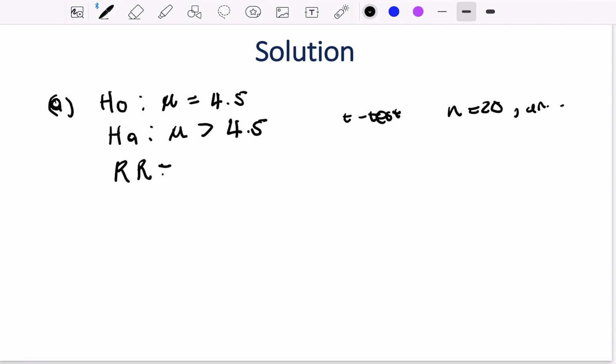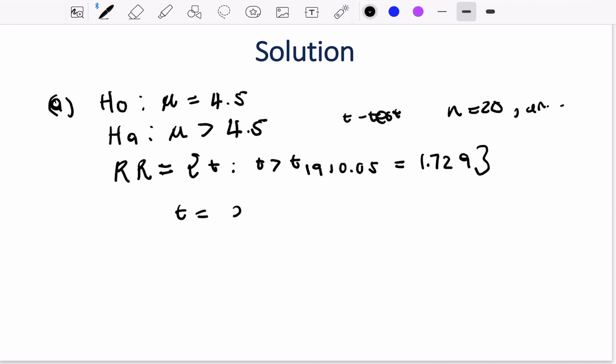That means your rejection region will be when this test statistic t is greater than t of n minus 1, which is 19, with alpha of 0.05. If you read that from your table, that should be 1.729. And remember t is x bar minus mu naught over s divided by square root of n, right?